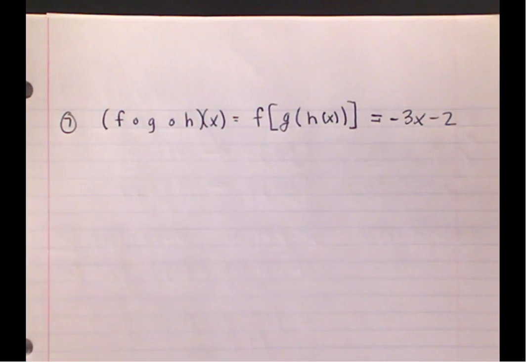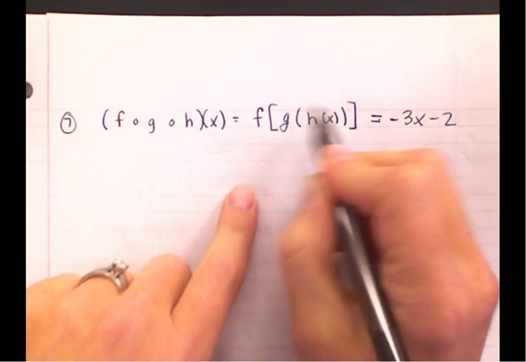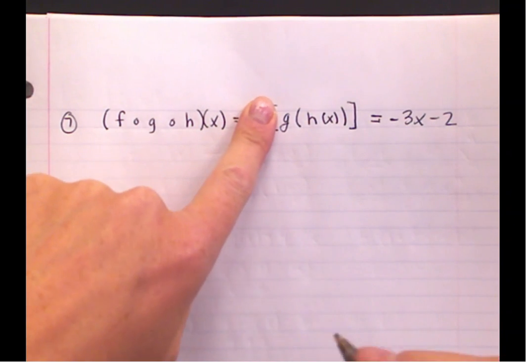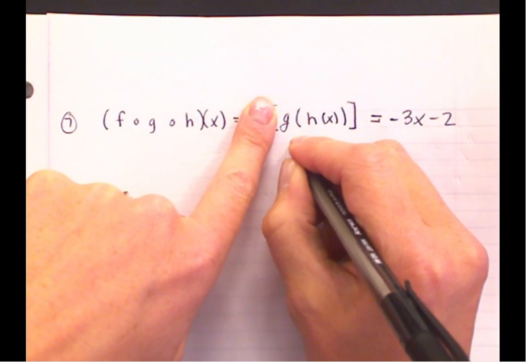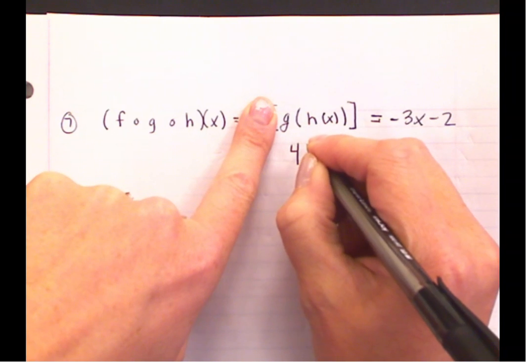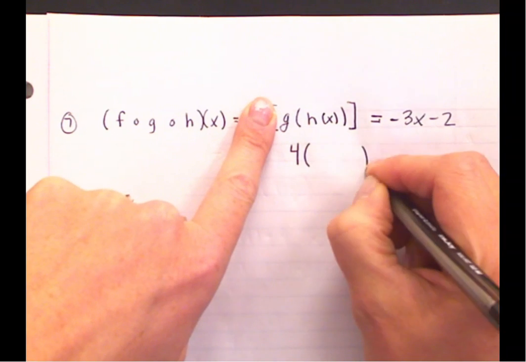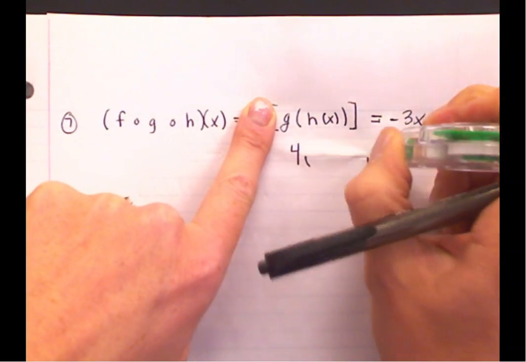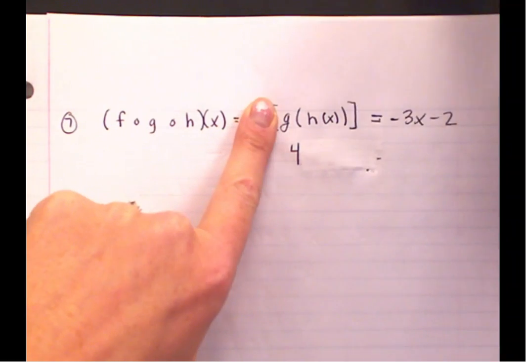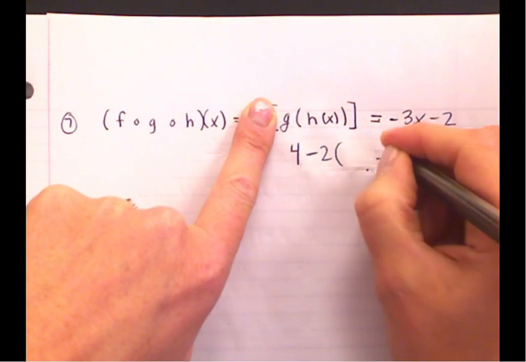Write multiple steps. I'm going to start by writing the inside part. So G of H of X. So that would be 4. Oh, nope, messed up. 4 minus 2.